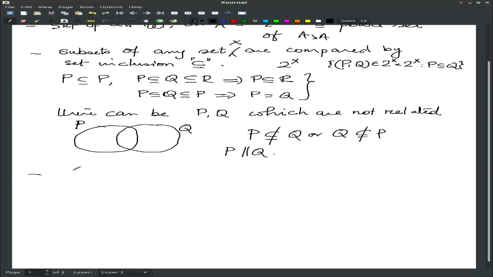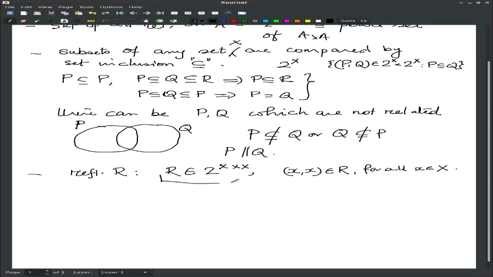So some set theoretic property. Over here we are looking into reflexivity of a relation. So reflexive relation, reflexive R means R is a subset of X cross X, and (x, x) belongs to R for all x in X. Okay, so this is a set theoretic property.